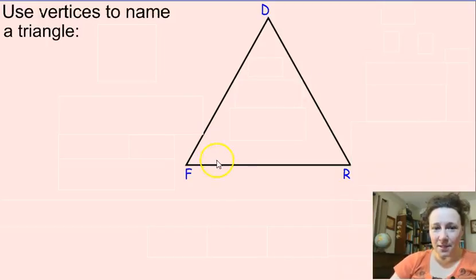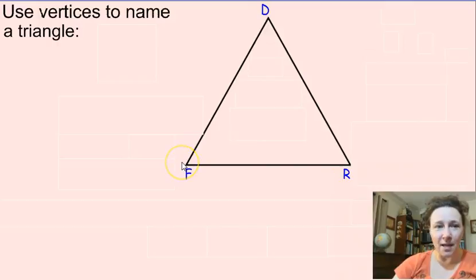We use vertices to name triangles, and when we say them, we don't use the word and. In other words, I cannot say that this triangle is F, D, and R. Instead, I'm going to use a symbol of a triangle, and I'm going to name vertices one after another.